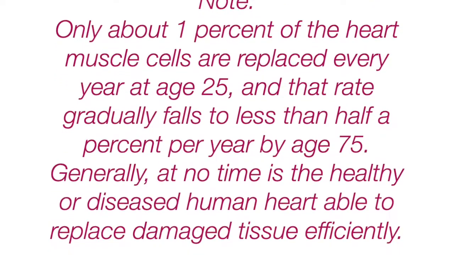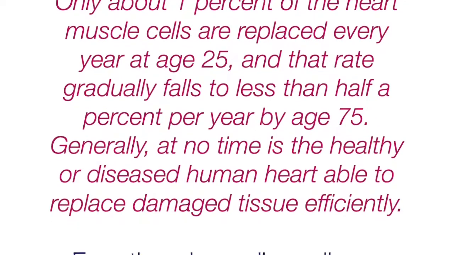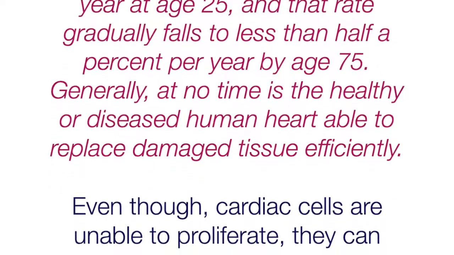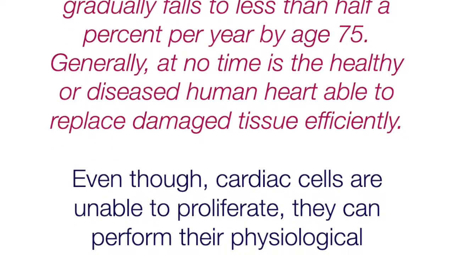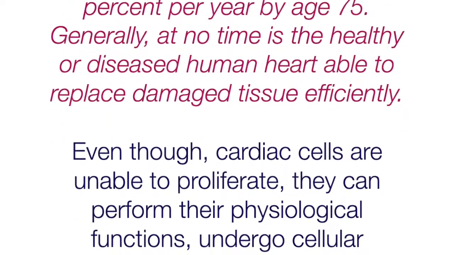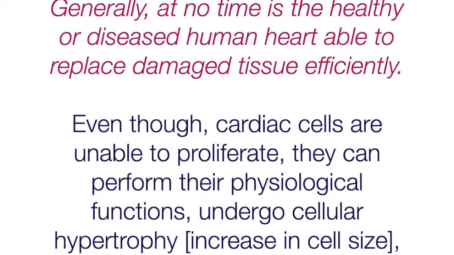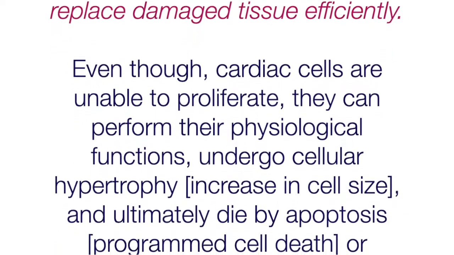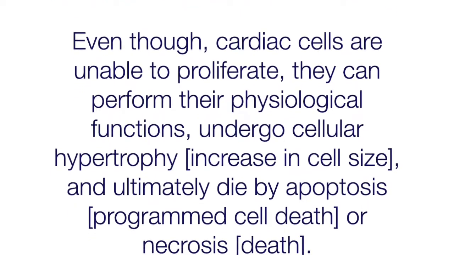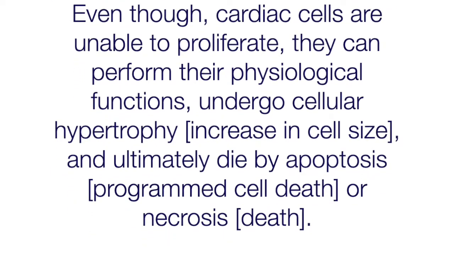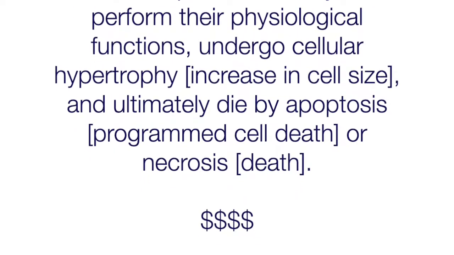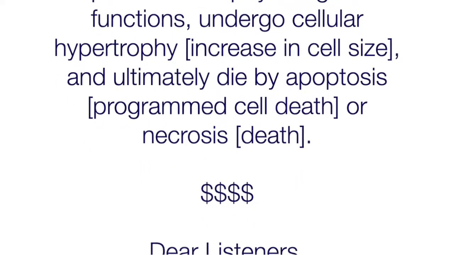Note, only about 1% of the heart muscle cells are replaced every year at age 25, and that rate gradually falls to less than 0.5% per year by age 75. Generally, at no time is the healthy or diseased human heart able to replace damaged tissue efficiently.